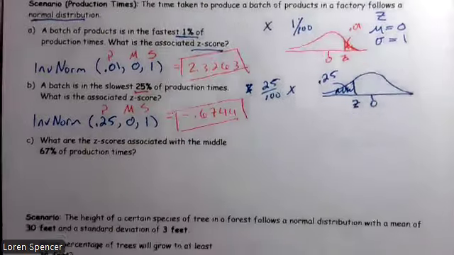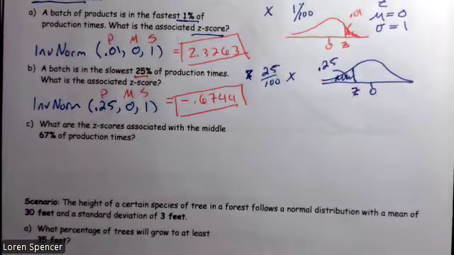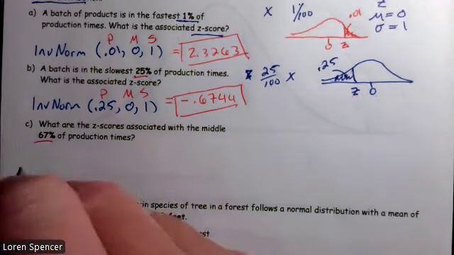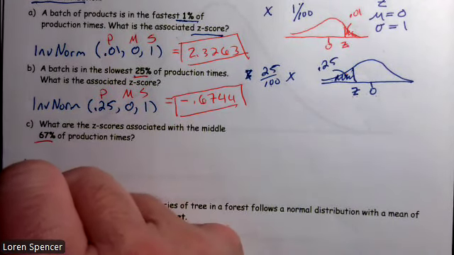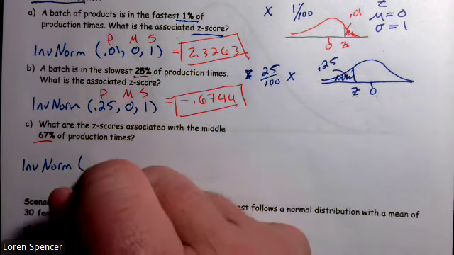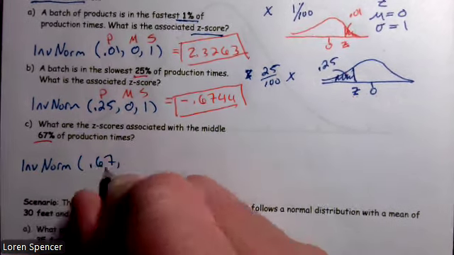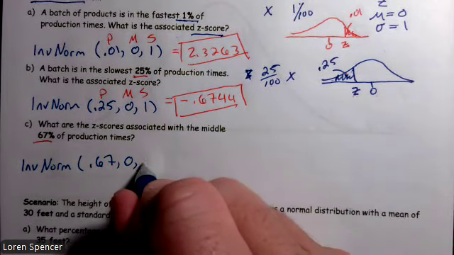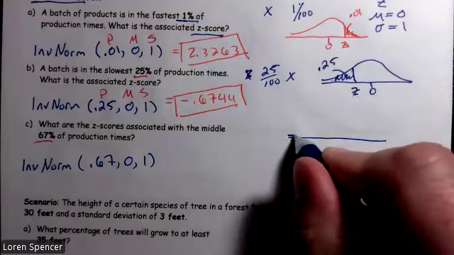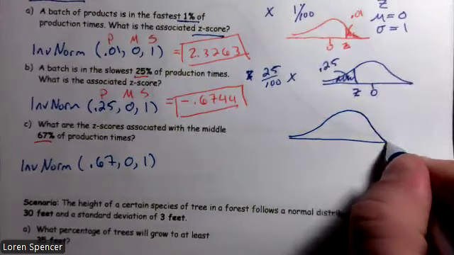What Z-scores are associated with the middle 67%? So once again, they gave me a percent. If they give me a percent, I'm looking at an inverse norm. My area is 0.67. All Z-scores have a mean of 0 and standard deviation of 1. And in this case, when I draw my picture, be careful about this.